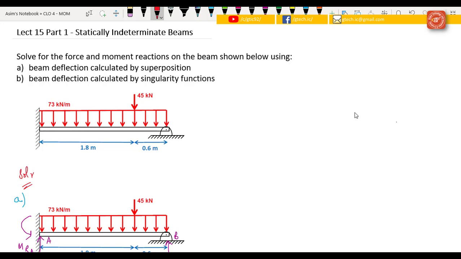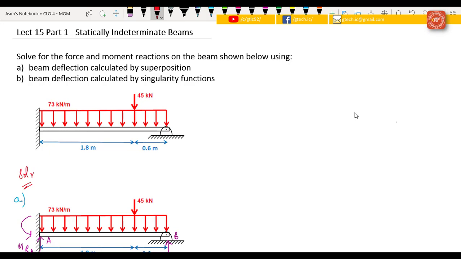So first we solve this problem using the superposition method, and then we solve this problem using singularity functions method. The issue with using the superposition method is that sometimes we don't find the values from the table, and that's why it's a little bit difficult for us to solve a problem.